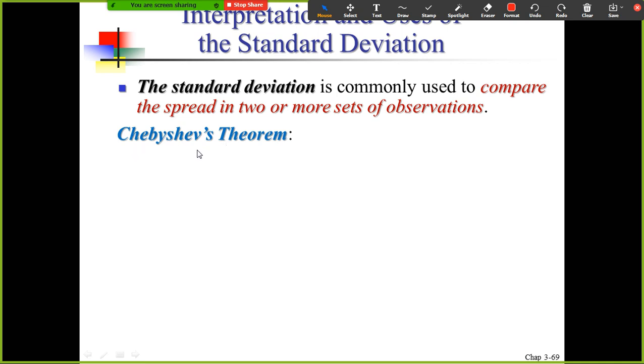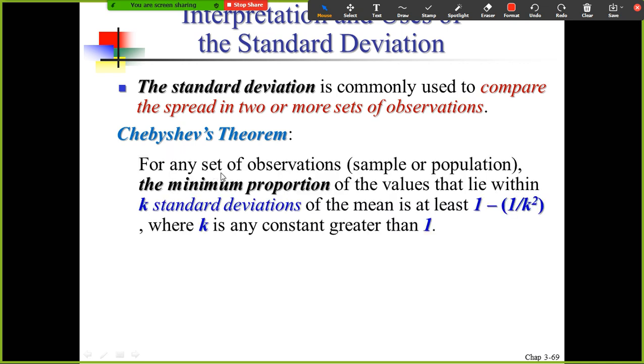Okay, the other concept is from a Russian mathematician or statistician. Based on this person, he developed one model. This is his idea.